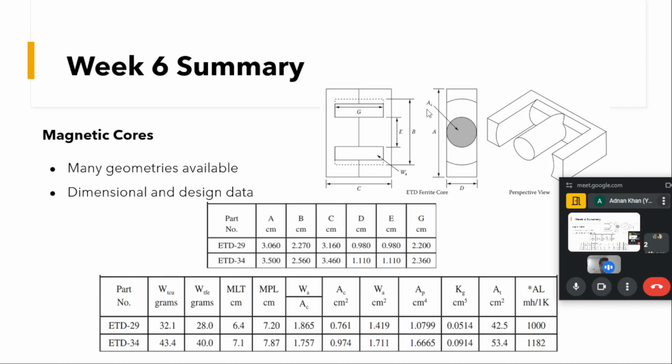If we know the diameter of this center limb and we know the length of it, we can calculate the cross sectional area, and we can calculate the length of it as well. So other things can be deduced from the dimensional data provided by the manufacturer. So this dimensions part is very essential, that should be provided by the manufacturer.